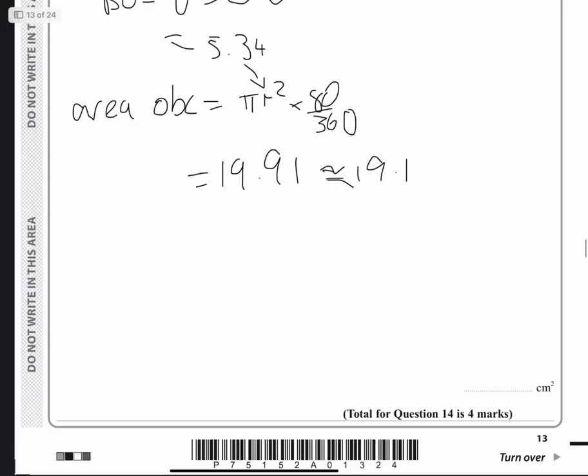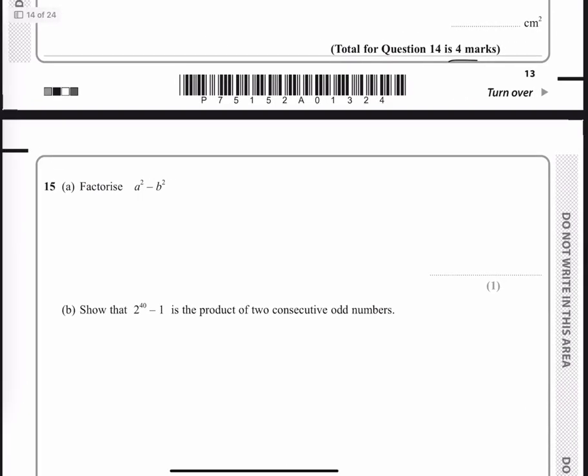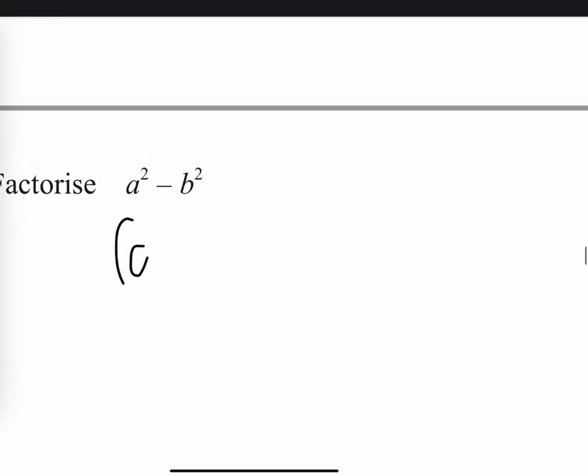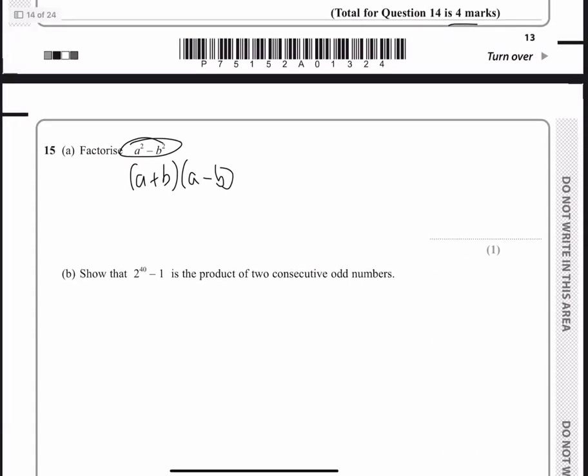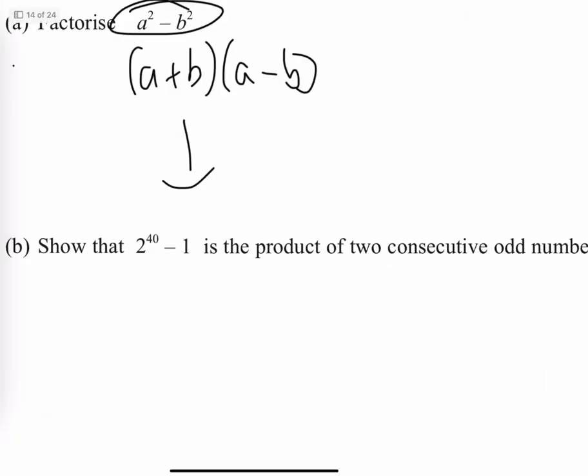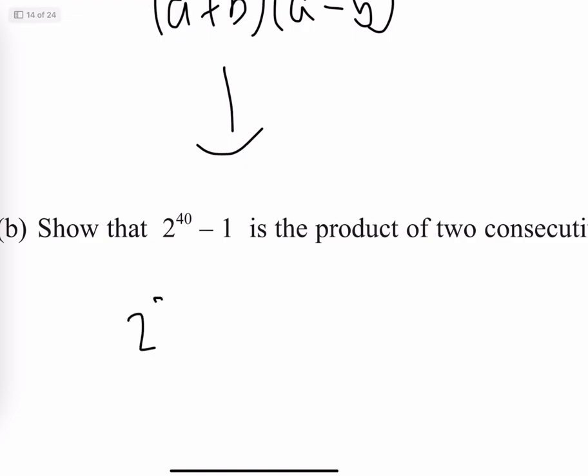Moving on. Well, this is difference of 2 squares. Hopefully you see that. a plus b, a minus b. Really common, learn it. Show that 2 to the 40 minus 1 is the product of 2 consecutive odd numbers. Okay, well, how are we going to do this? When you remember this part A, part B, maybe we can use this. So this would be 2 to the 20 squared minus 1 squared.